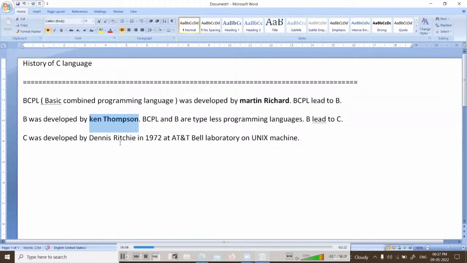After that, we have to write void main. Within these two curly brackets, we write the program, which is known as processing statements. Here, one semicolon. It is the sample C program.